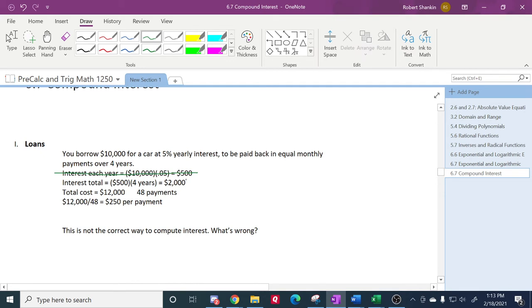How a real loan does work is every time you make a payment, you look at how much you owe, and then you multiply by 0.05, and then you divide it by 12, because that's your monthly interest rate. You wouldn't want to be charged a whole year's worth of interest each month.